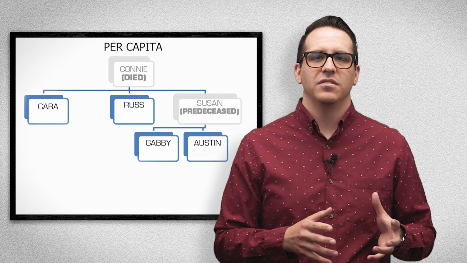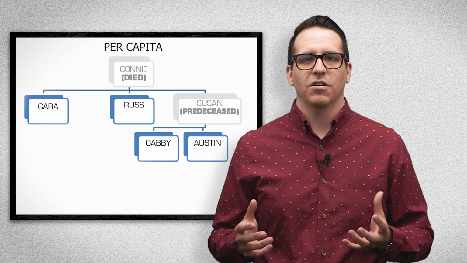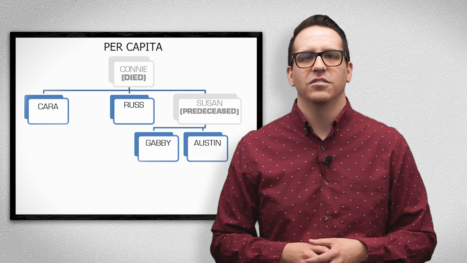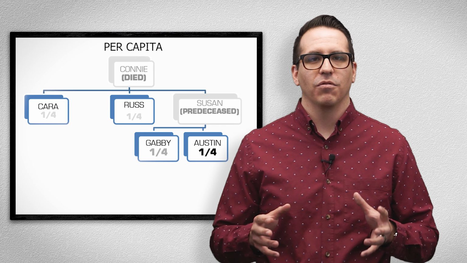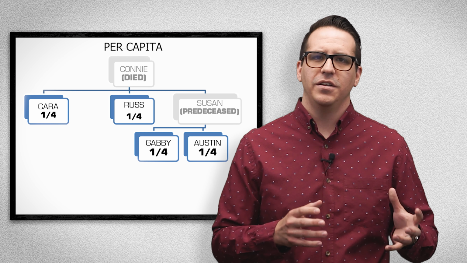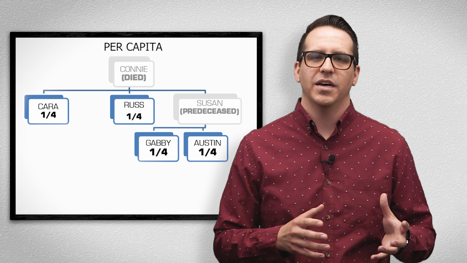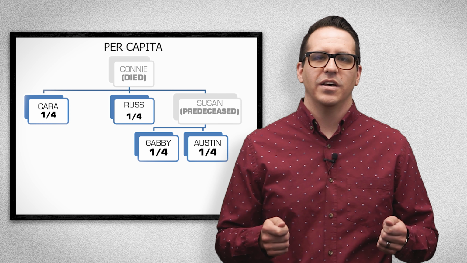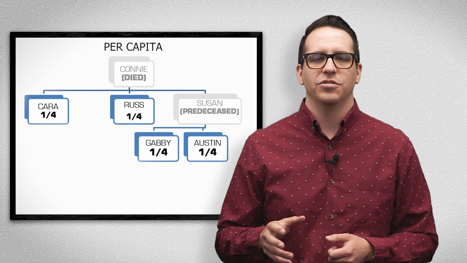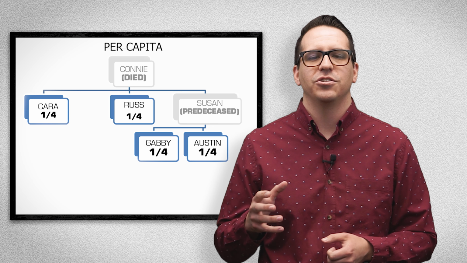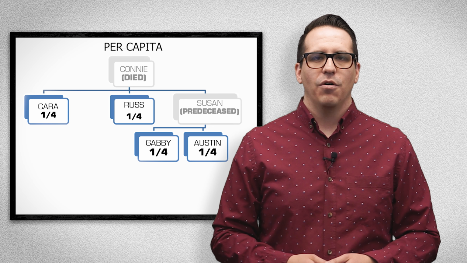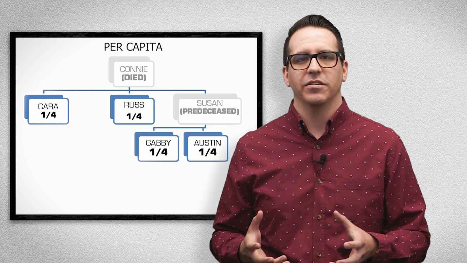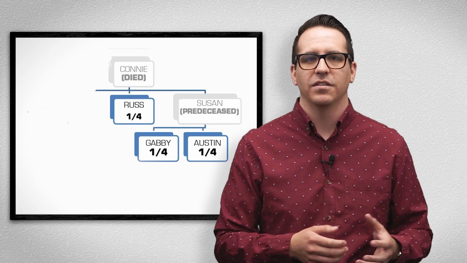As per capita means equal to all beneficiaries, Cara, Russ, Gabby, and Austin each receive the same inheritance share, 1/4 each. An easier way to think about the matter is that per stirpes right of representation ties the percentage share of Connie's children's shares to how many children Connie has, while per capita ties this percentage share to how many beneficiaries Connie has at her death.